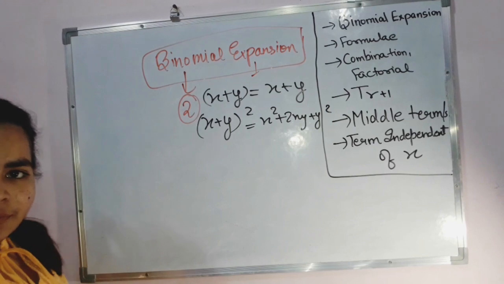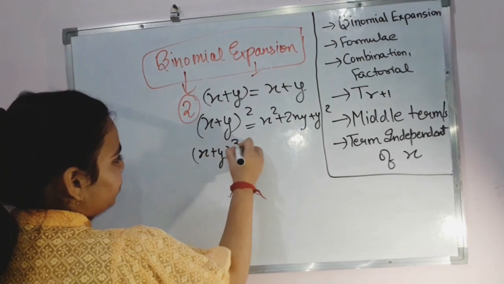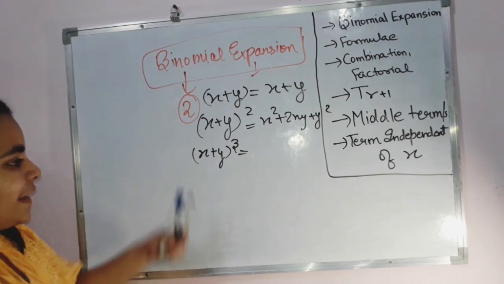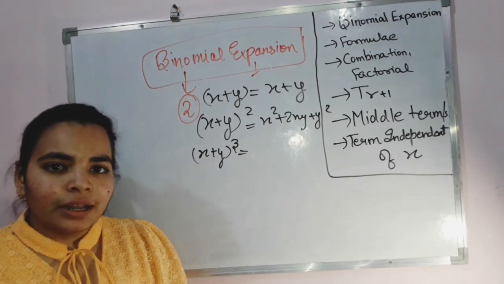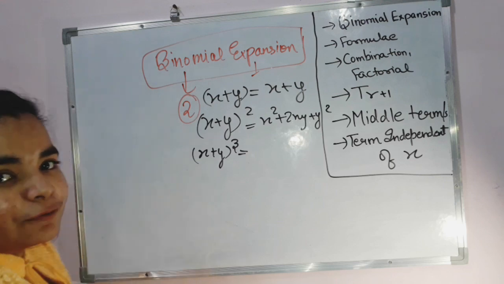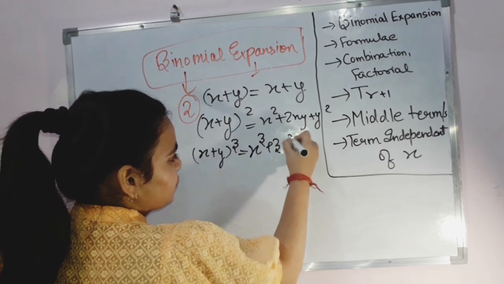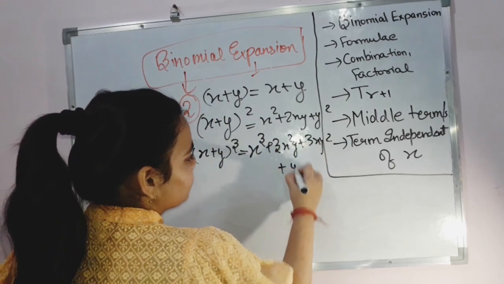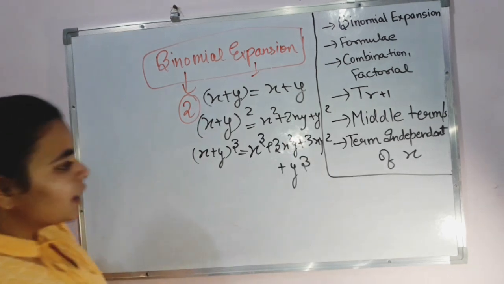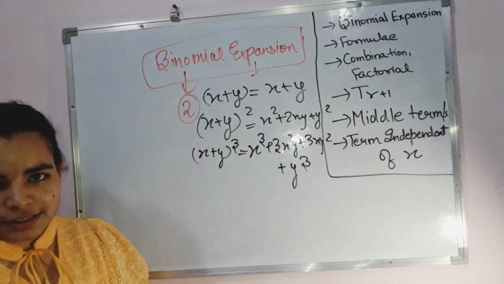And if I ask you to write the expansion of x plus y whole cube, we can write it because we have learned the formula: x cube plus 3x square y plus 3xy square plus y cube.